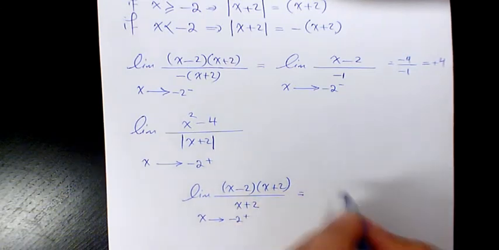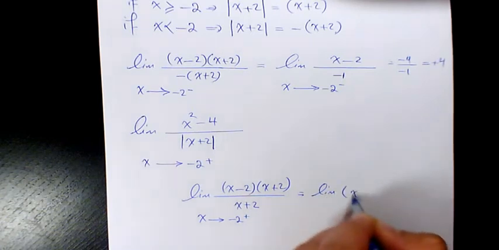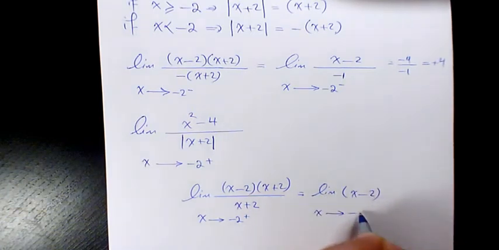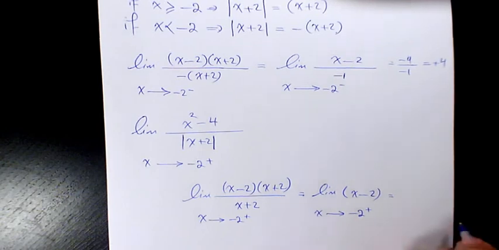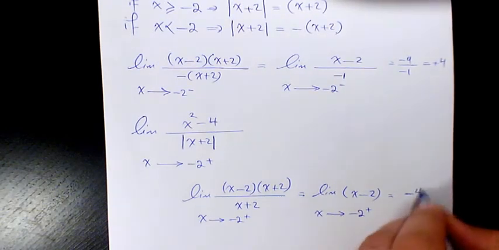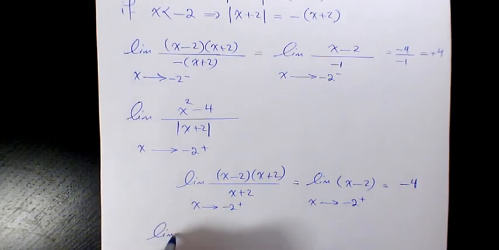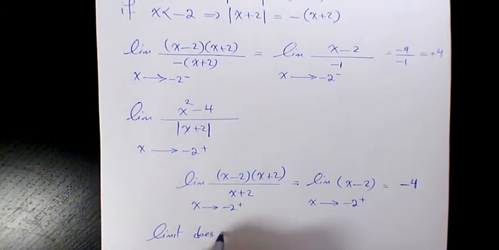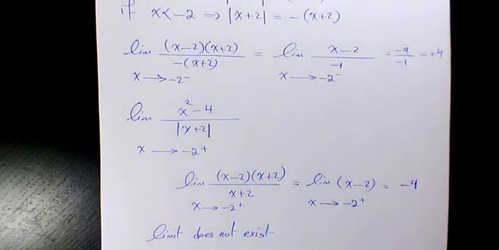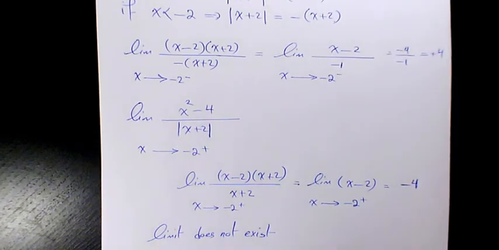Then these two cancel out. It's going to be the limit of x minus 2 when x is approaching negative 2. That's going to make it negative 4. So the limit doesn't exist. Why? Because the right limit and left limit are different.